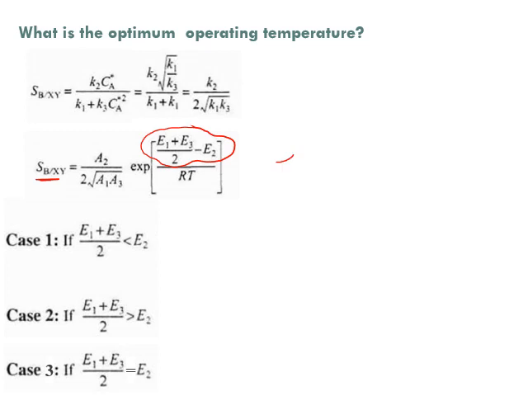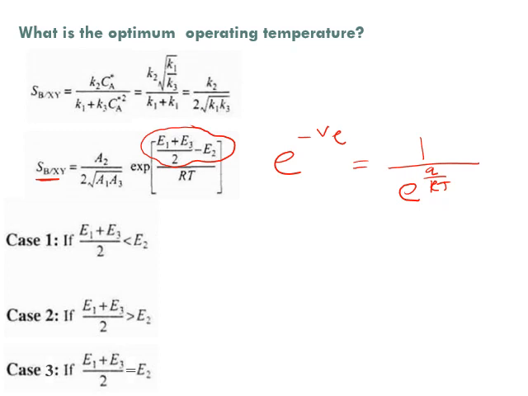So you have e to the power negative, which means you probably want to write it in the denominator. So you write it as exponential of a number, let's call it A, divided by RT.